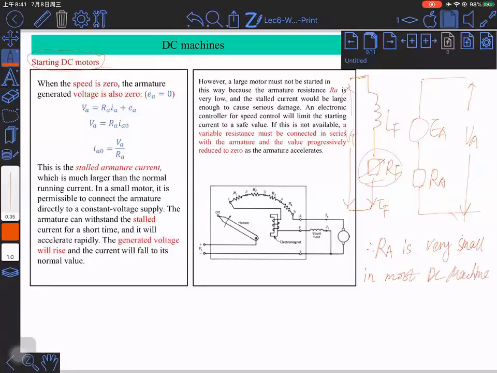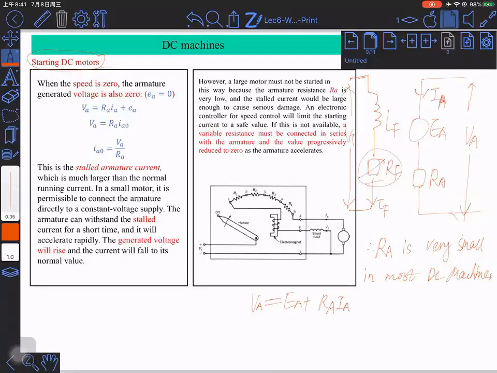And the problem comes when RA is small. Why? Let's look at here. We have Kirchhoff's voltage law. VA is equivalent to EA plus RA IA. Let's write it as RA IA, because we are trying to use capitalized A as the subscript.